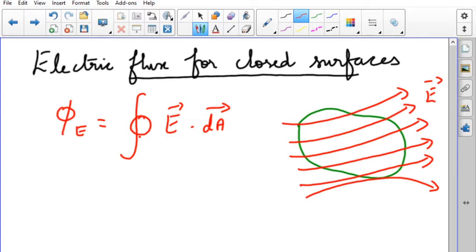That is, here the area is like this. So the area vector is in this direction. Similarly here, the area vector is acting in this direction.